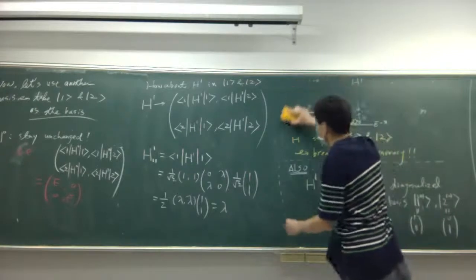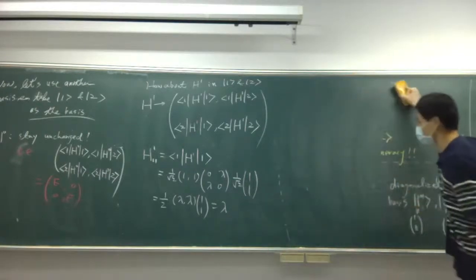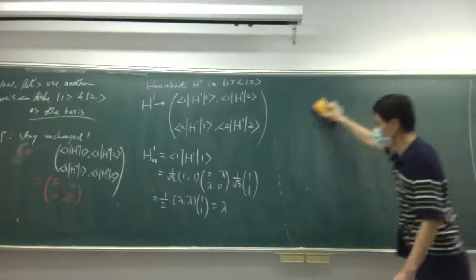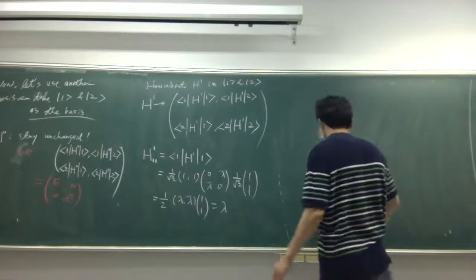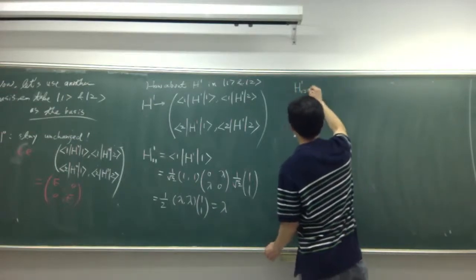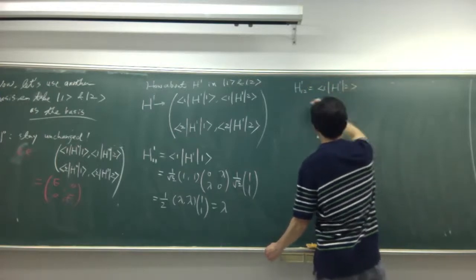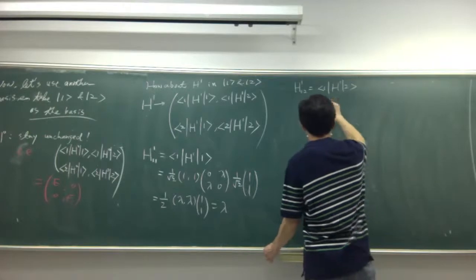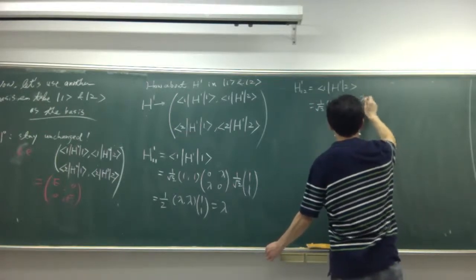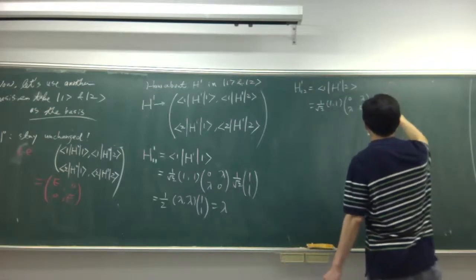And the second element, <1|H1|2>, equals 1 over square root 2 times (1, 1), 0 lambda lambda 0, 1 over square root 2 times (1, -1).